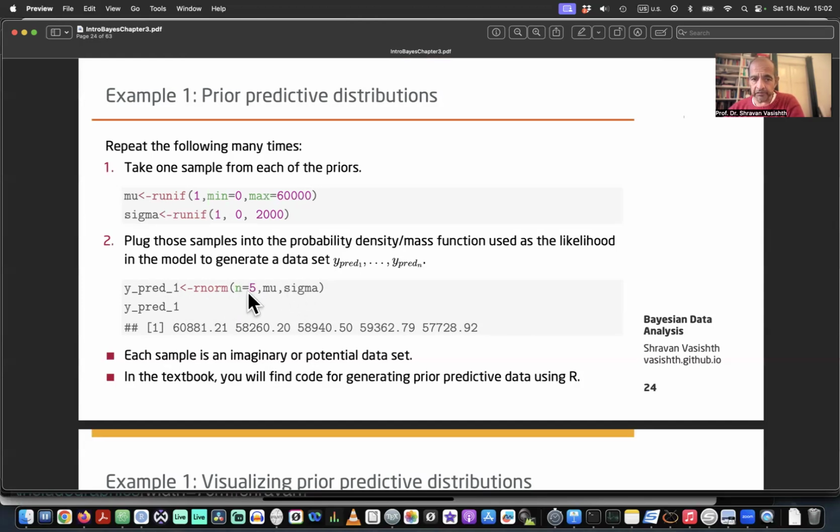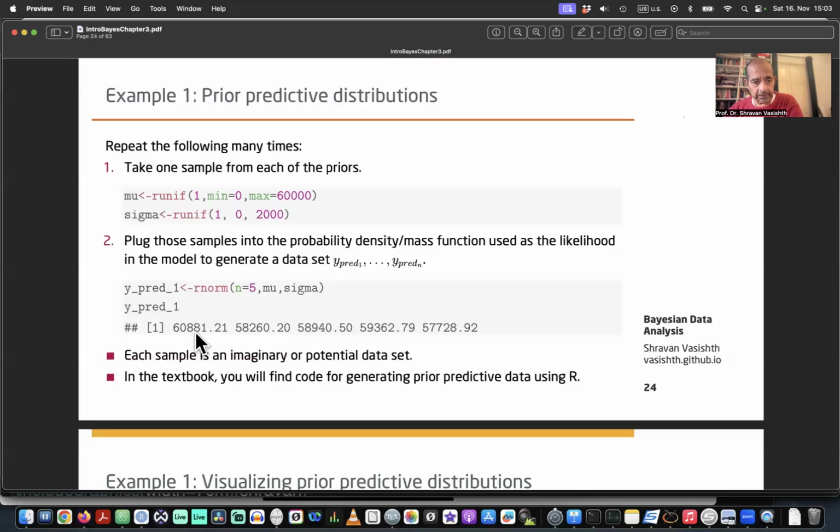N could be any number of data points, right? In this case, I'm just producing 5 data points. And so here I've produced a prior predictive data set with length 5. Even if you just look at these data, you'll see that this is completely insane data, right?